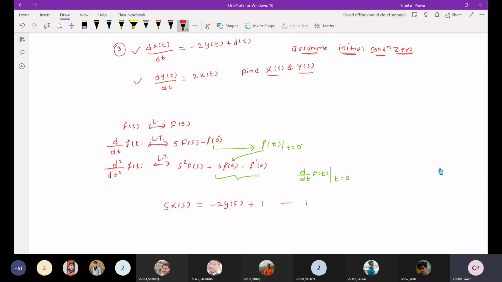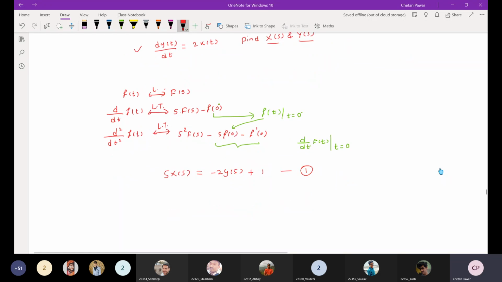So if I say this is equation 1, and if we take the second differential equation, that will be s into Y of s equal to 2 into X of s. Okay, so you just modify it and put this value of s into equation number 1, and you solve it for X of s and Y of s.